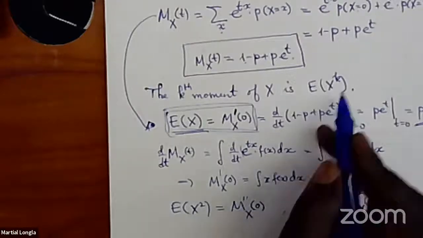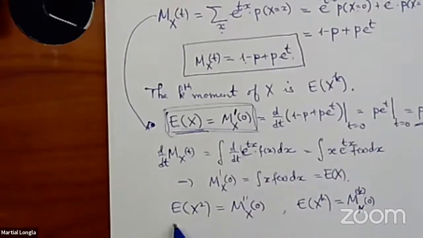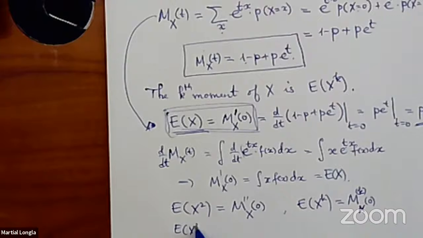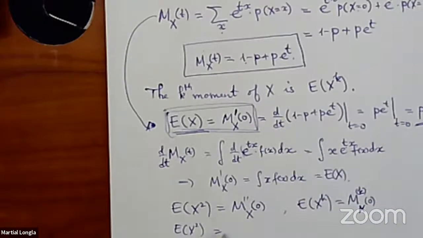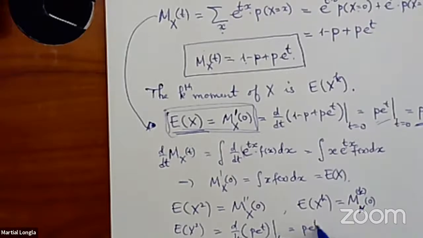So in this case, what is the expected value of x squared for this example going to be? Take the derivative of this. It's going to be d over dt of p e to the t, at t equals 0, which is p e to the t again, at t equals 0, and that is again p. So the expected value of x squared is p.